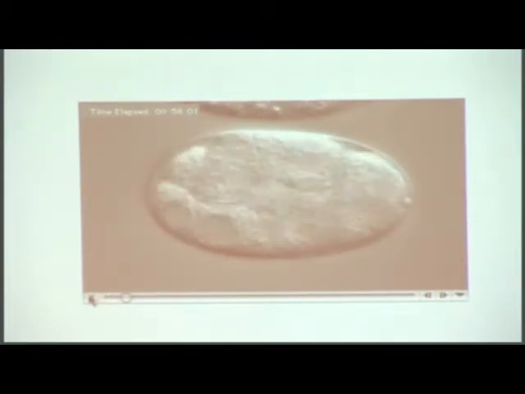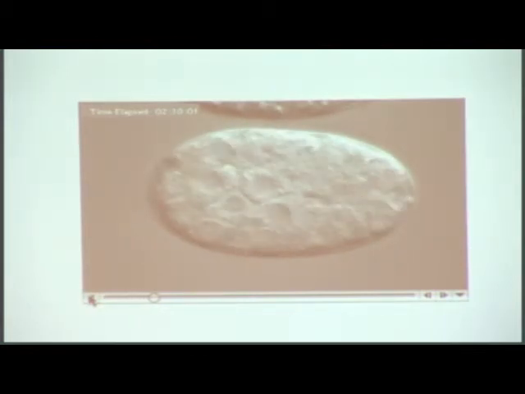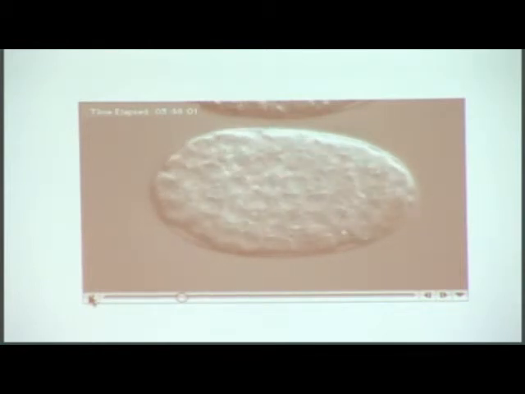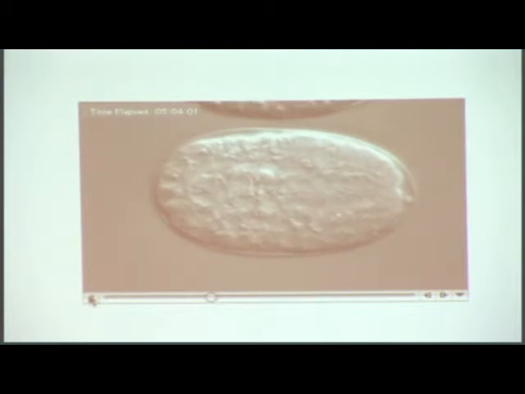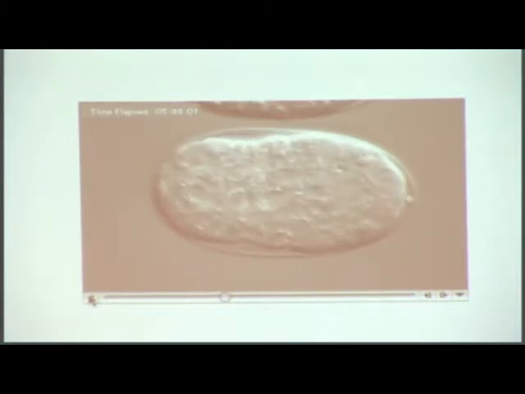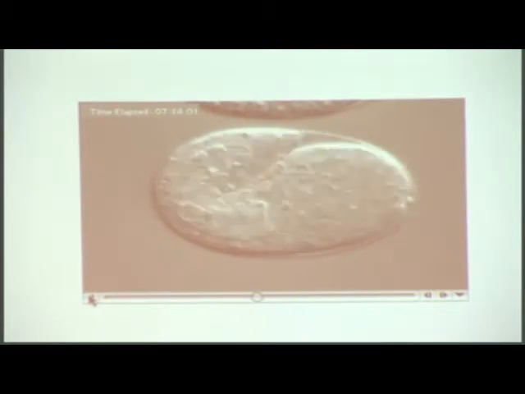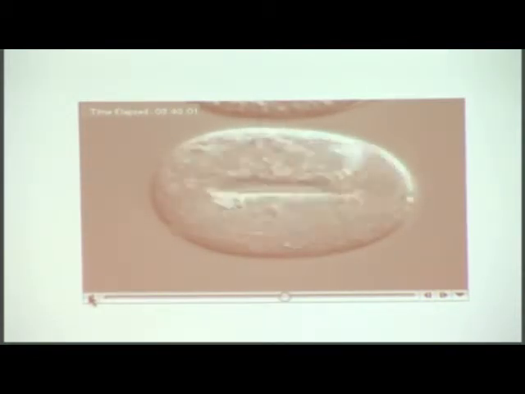You can see the cells dividing, spinning around, flipping, and just moving around.